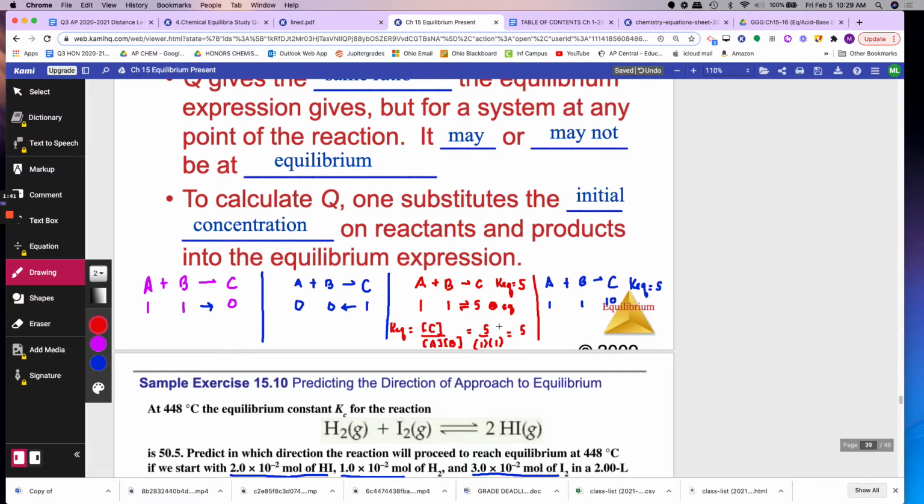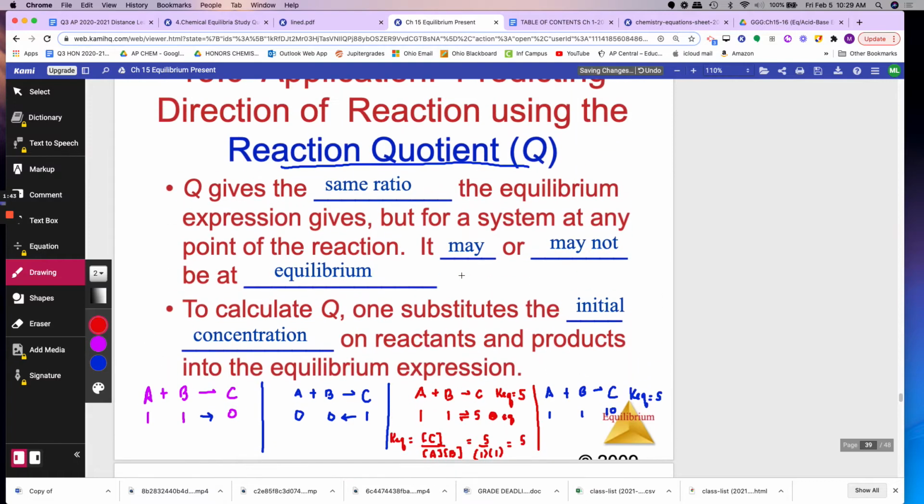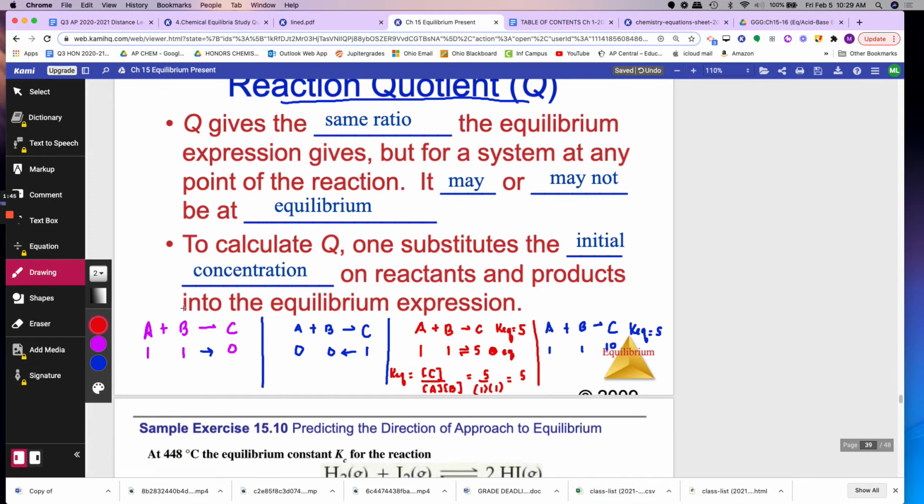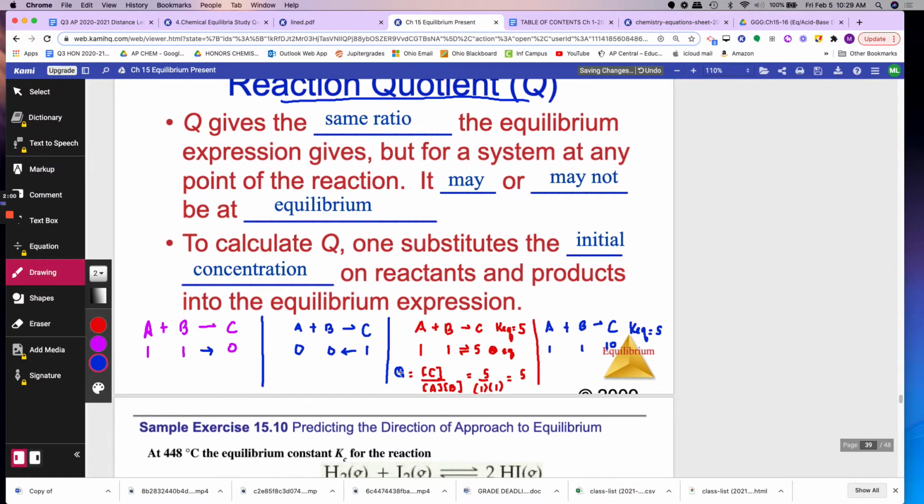Okay? There is something we call reaction quotient. The reaction quotient is the same formula as K equilibrium. It is also products over reactants. But the reaction quotient is the same ratio, but you may or may not be at equilibrium.